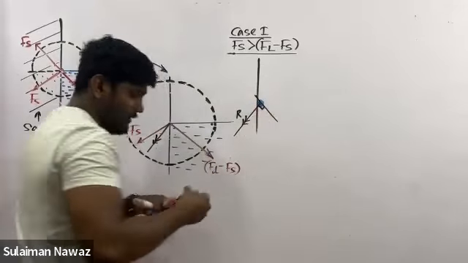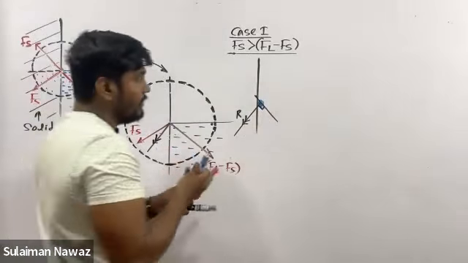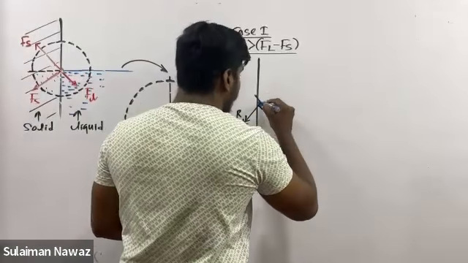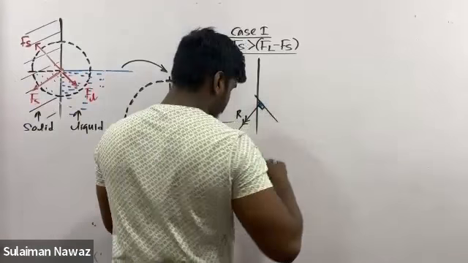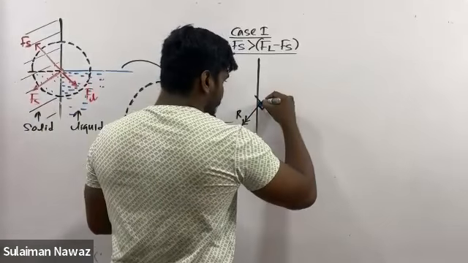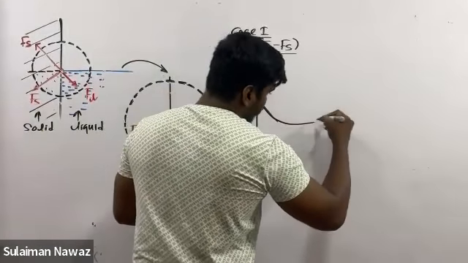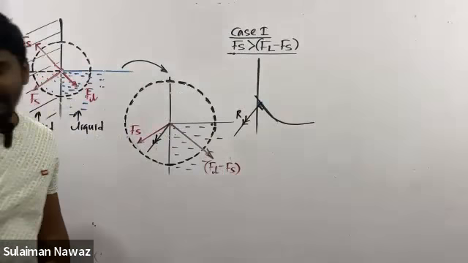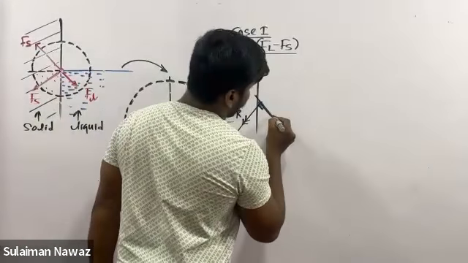Then your liquid surface would be something like this. Am I correct? This is how your liquid surface must be arranged.